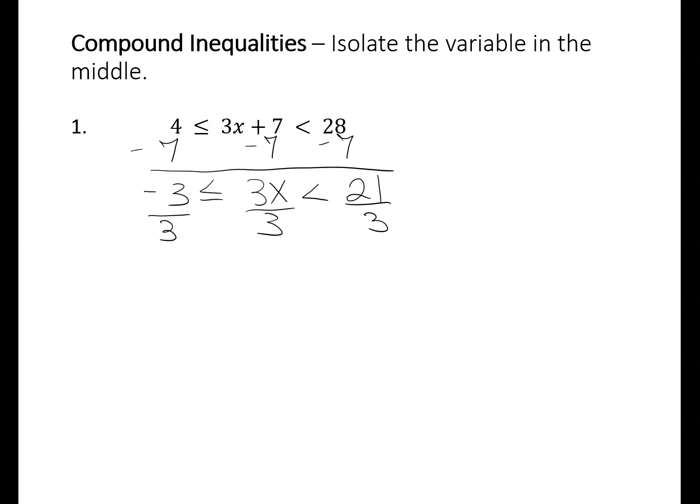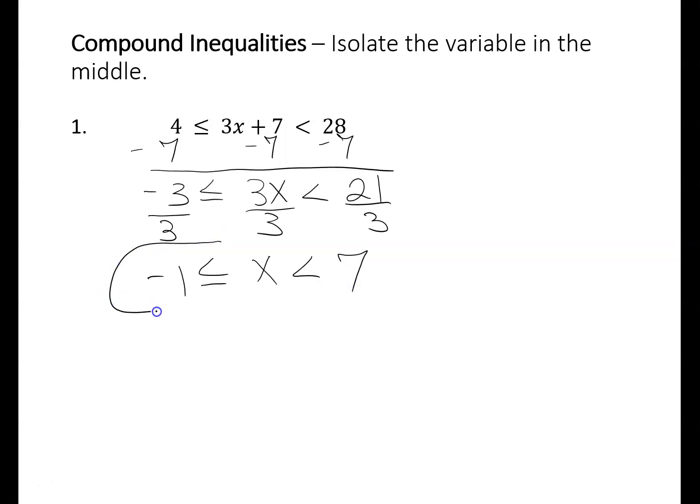So the result on the left is negative 1. We divided by a positive 3, so the symbol stays. If I had divided by a negative number there, I would change both symbols. On the right side, we get 7.